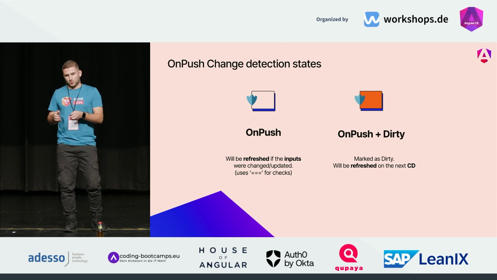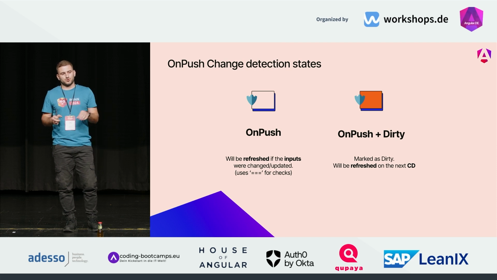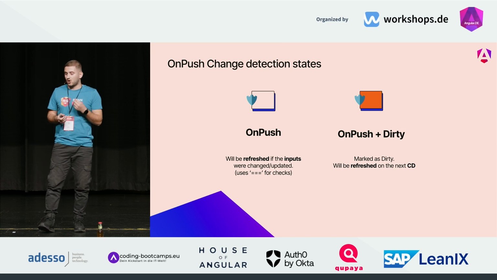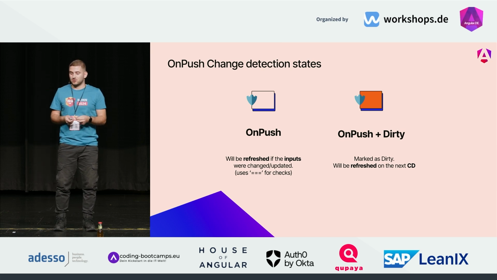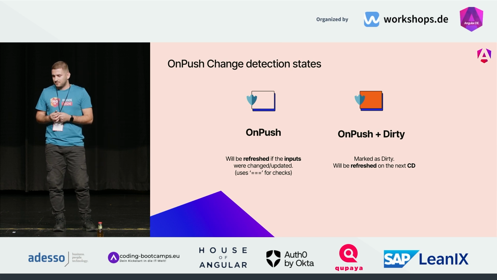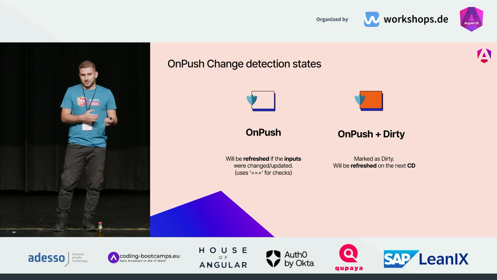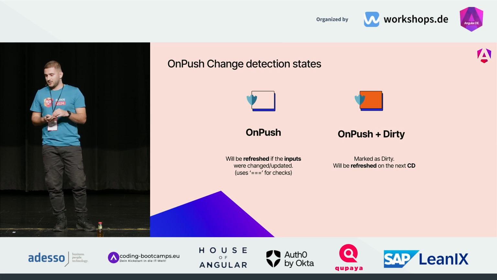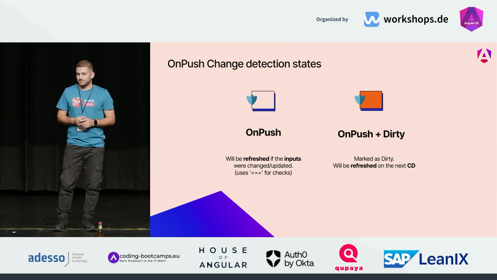We have the OnPush one: when we put OnPush, Angular will mark it as an OnPush component, and this component will be refreshed only if the inputs were changed or updated. And of course, it uses a triple equals check. And then we have OnPush and dirty, which means this OnPush component is marked as dirty and will be refreshed on the next change detection.